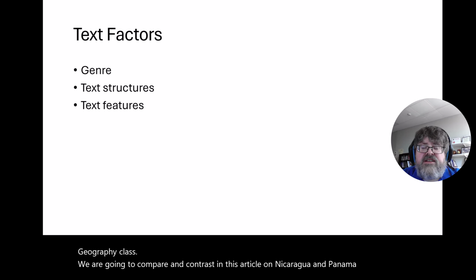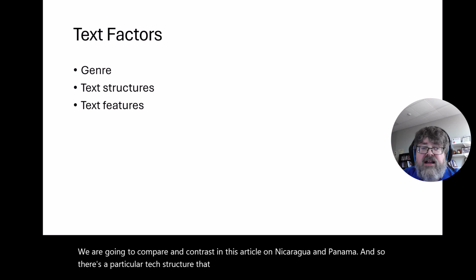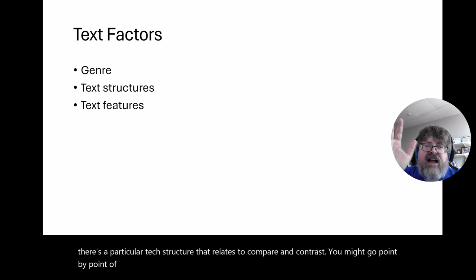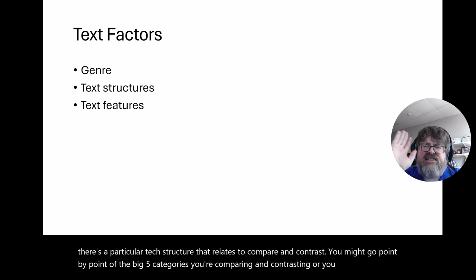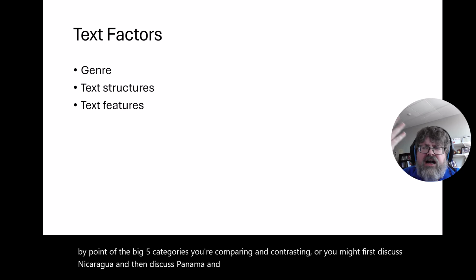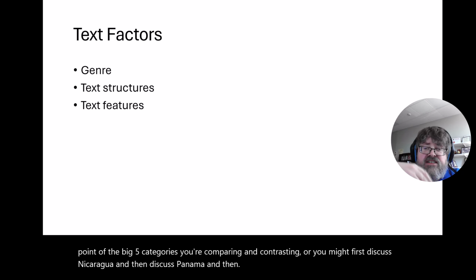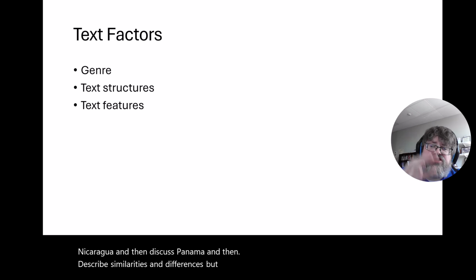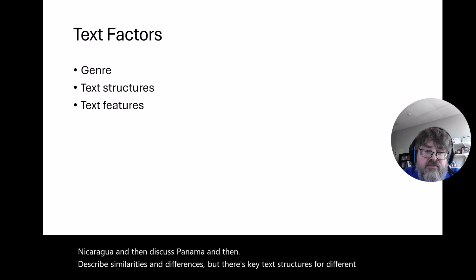And so there's a particular text structure that relates to compare and contrast. You might go point by point of the big five categories you're comparing and contrasting, or you might first discuss Nicaragua and then discuss Panama and then describe similarities and differences. But there's key text structures for different purposes of writing.